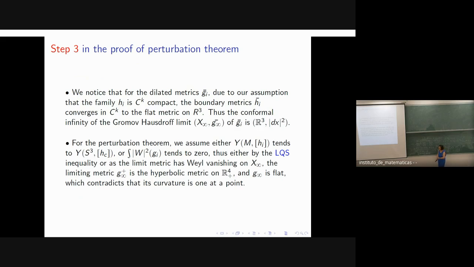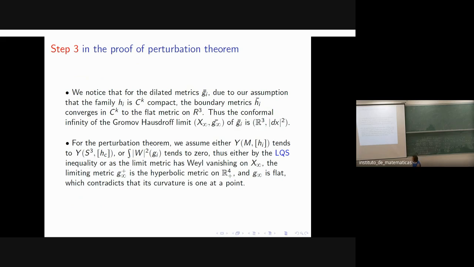And once it's flat, it contradicts with the property that the scalar curvature is equal to 1 at that point. So the limiting metric must have curvature equal to 1 at the point, and that's the contradiction. Okay, so we need some gain of regularity together. So the key thing is to show that, and then a PDE argument to show this.